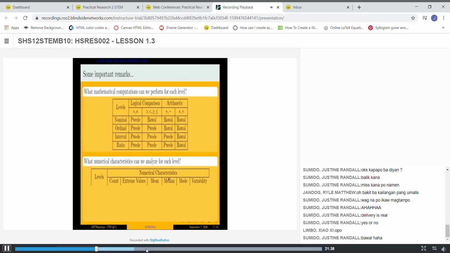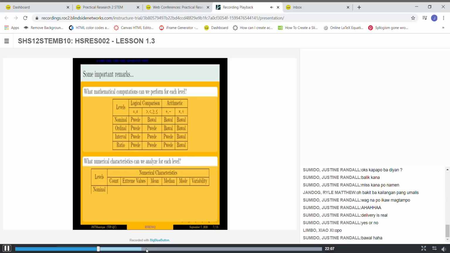It is a center value kasi 50% ng data mas mababa sa kanya tapos 50% mas mataas sa kay median. And then we have mode. Mode is the most common value, yung pinakamaraming sagot. And then variability. Variability pertains to how dispersed your data is. Okay? Kung gaano kalayo sa isa't isa yung data mo.